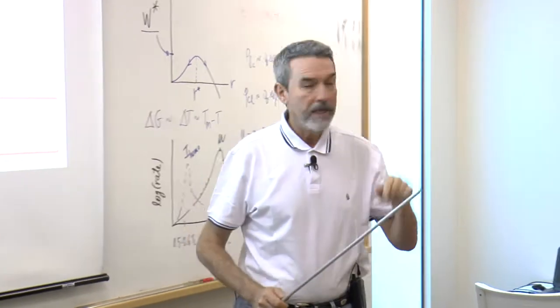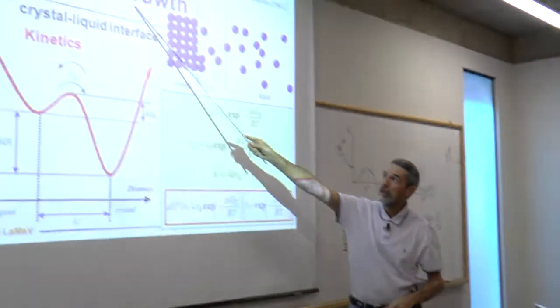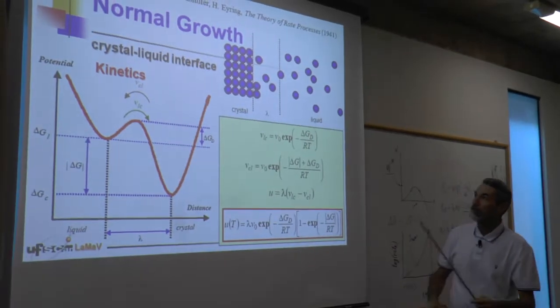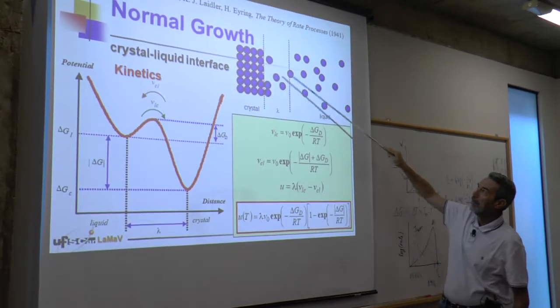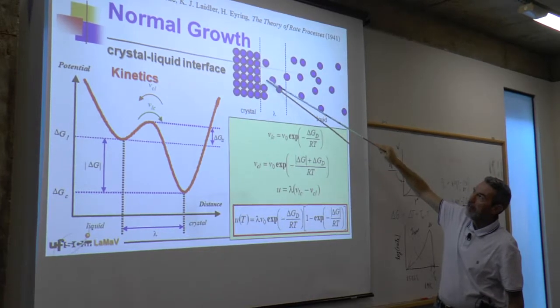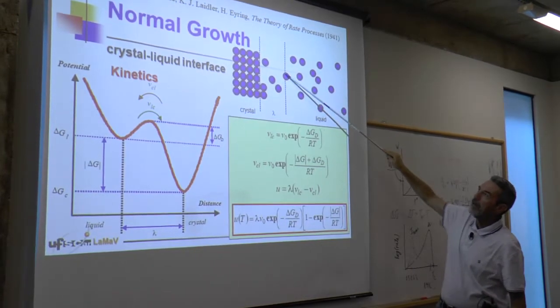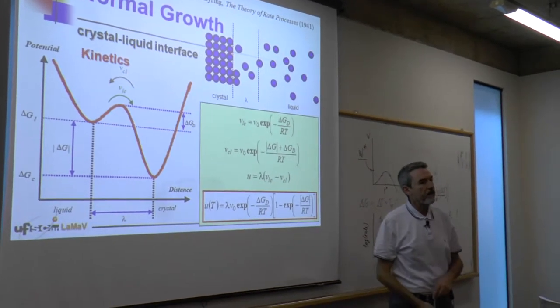This is interesting enough, remember this is for the normal growth. Because in the normal growth, the crystal liquid interface is rough. Any atom from the liquid can easily be attached to the crystal interface.